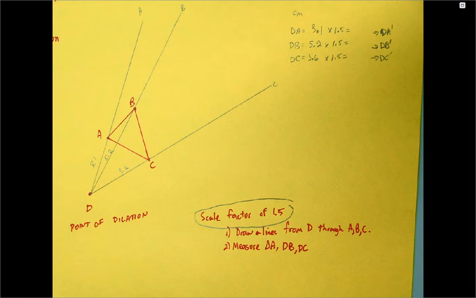Then we go 5.2 times 1.5, 7.8. 3.6 times 1.5, 5.4. And these are still all in centimeters. So make sure that you keep everything in centimeters here.